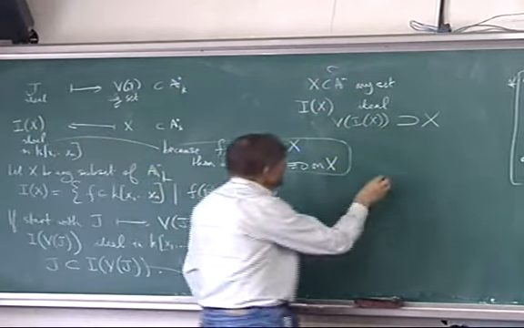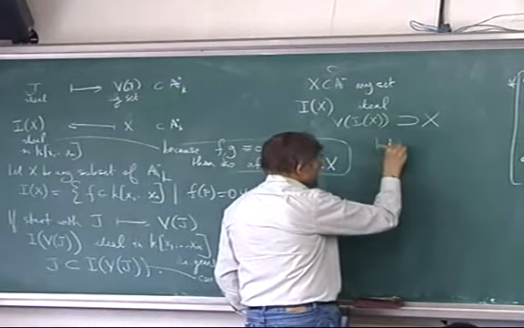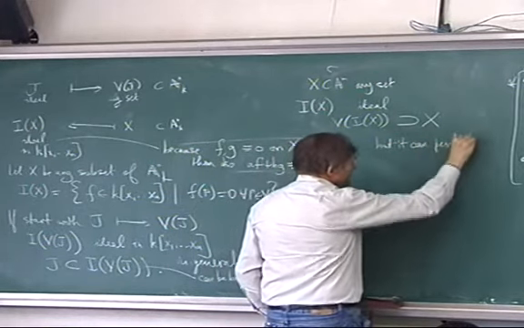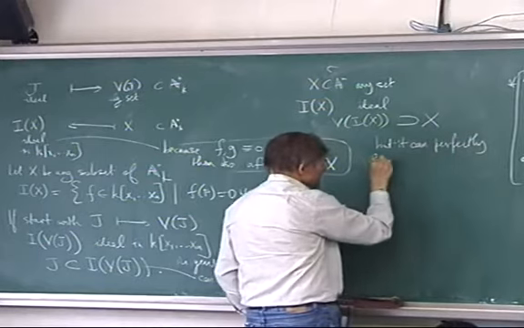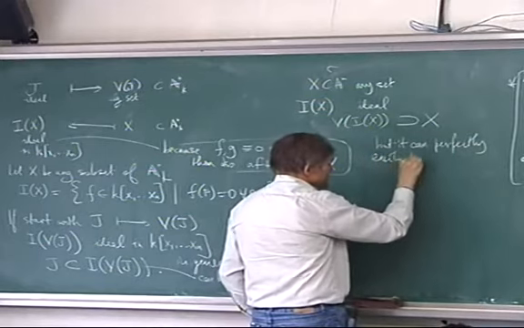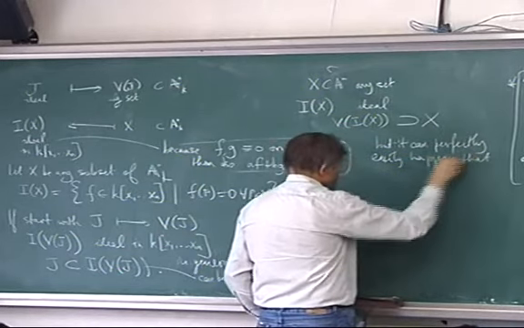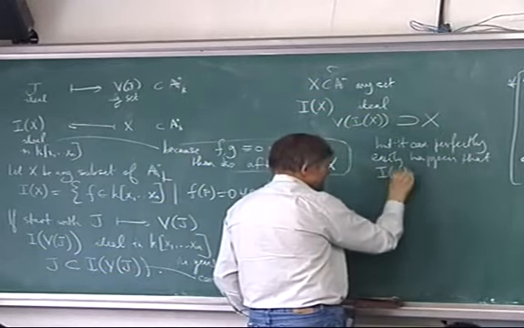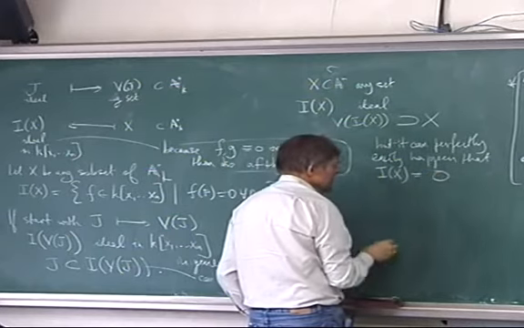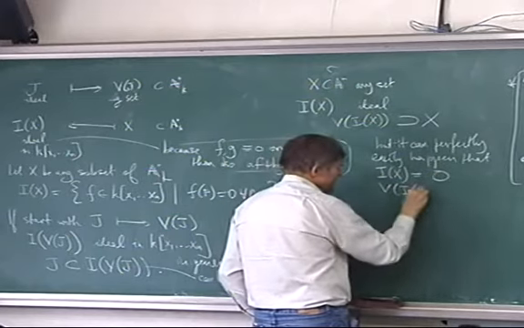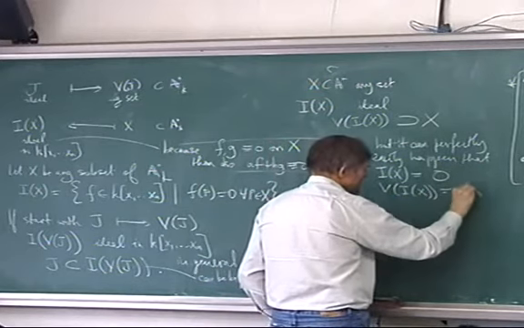It can perfectly easily happen that, for example, I of X is 0, and then V of I of X is AN.